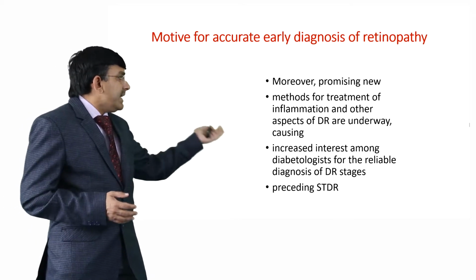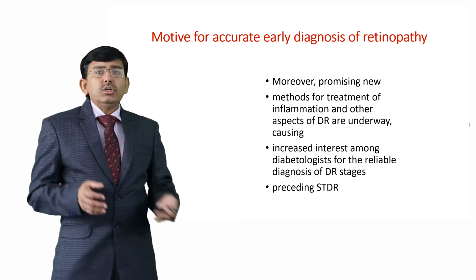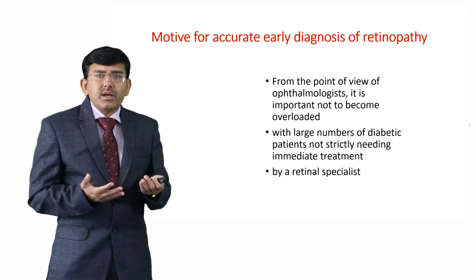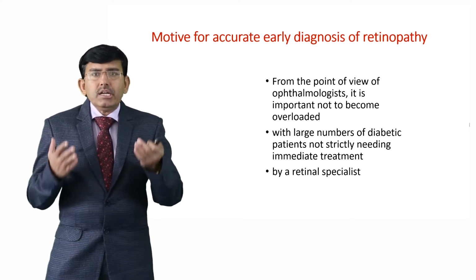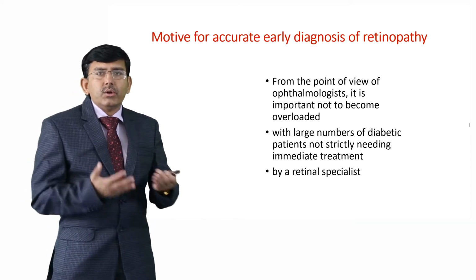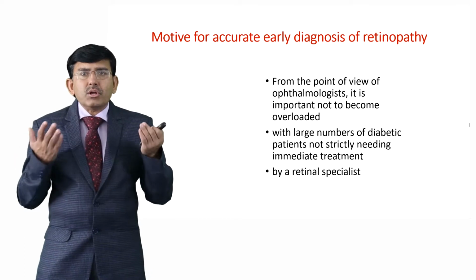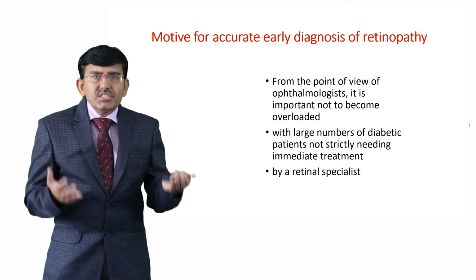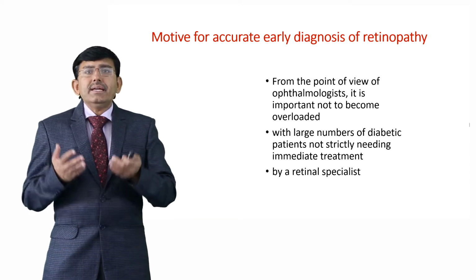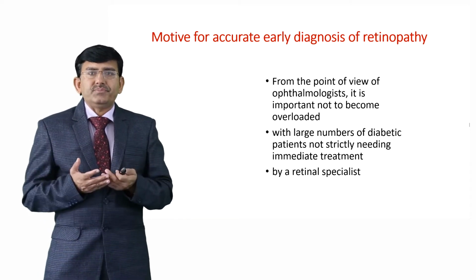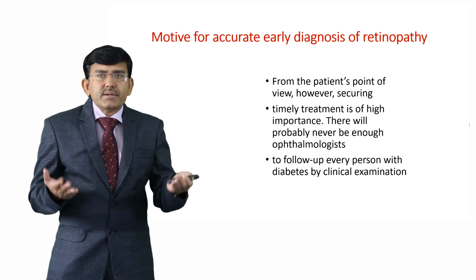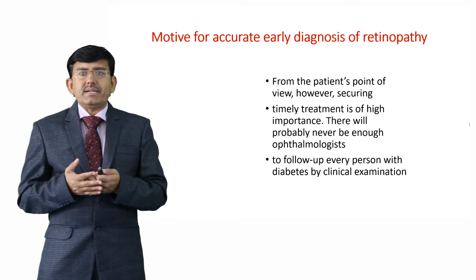Proceeding, STDR is the disease for which, from the point of view of the ophthalmologist, it is important not to become overloaded with a large number of diabetic patients not strictly needing immediate treatment by the retinal specialist. From the patient's point of view, however, securing timely treatment is of high importance.